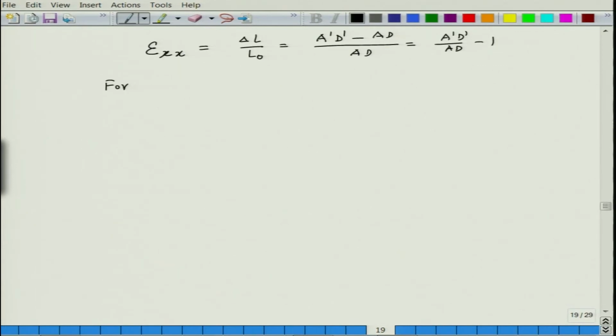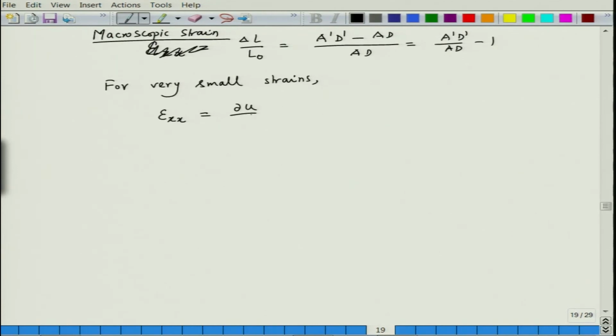For very small strains, one can write epsilon xx as del u by del x into dx divided by dx.